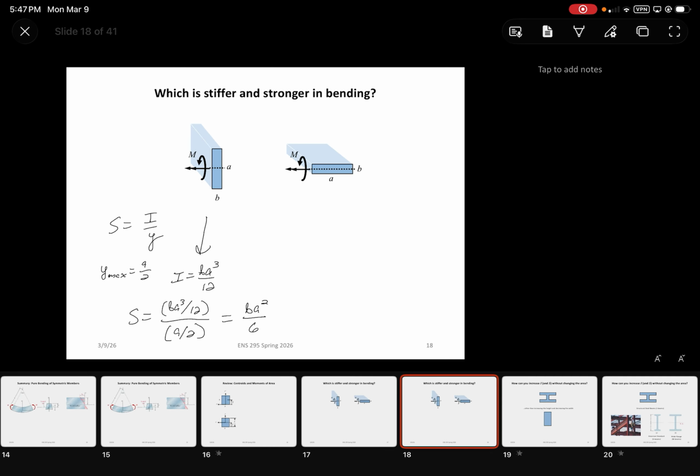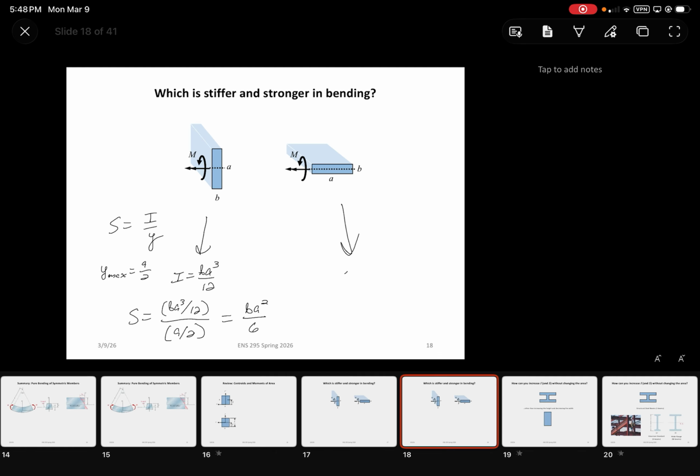This may look familiar to you if you have seen tables involving this S term. It may not look familiar to you. But if you had a rectangular cross-section, instead of calculating I and Y, you can just straight up use an S term. Some formula sheets will have the S term, so you can just plug and chug directly into that.